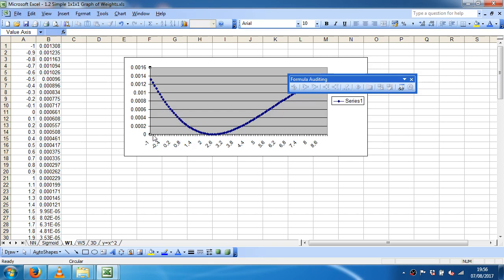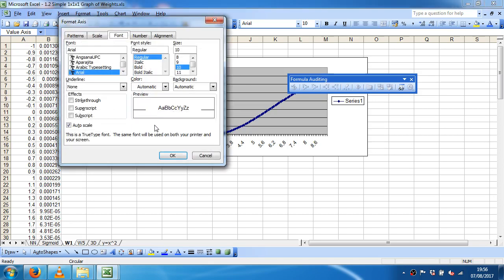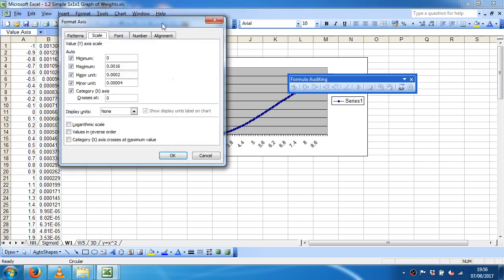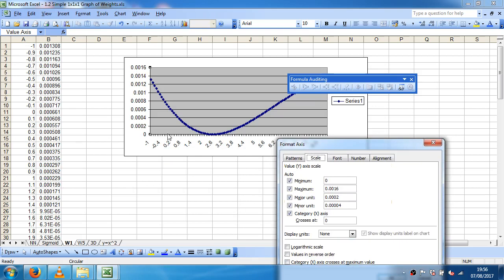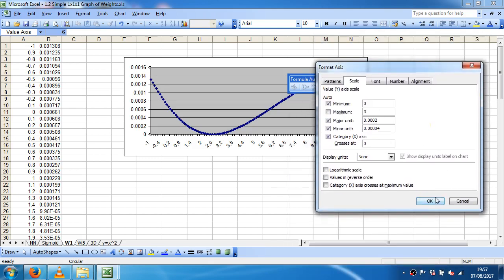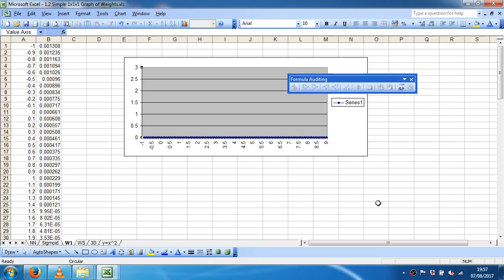Now remember here that the values that we've got on the y-axis are very small compared to the x-axis. If we actually change the values of this y-axis here to be similar to here, so let's make it go from, instead of 0 to 0.0016, we'll make it go from 0 to, say, 3, so it's a similar kind of scale to the x-axis, you can see that it's pretty flat, right?